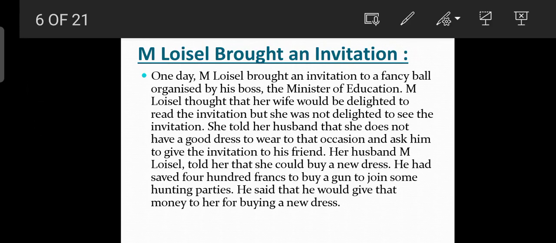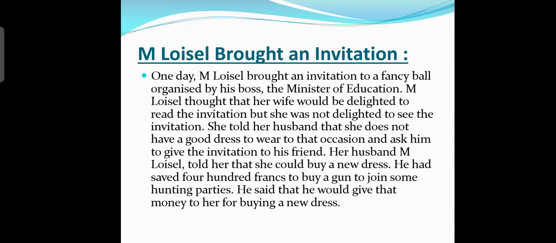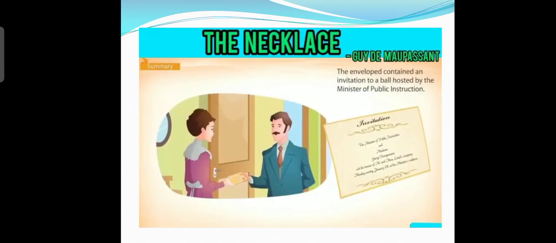As I told you in character introduction, he is a caring husband, so he cares for her. That is why he gave all the money that he saved for a rifle to join some hunting parties so that she could be happy. The envelope contained an invitation to a ball hosted by the Minister of Public Instruction.